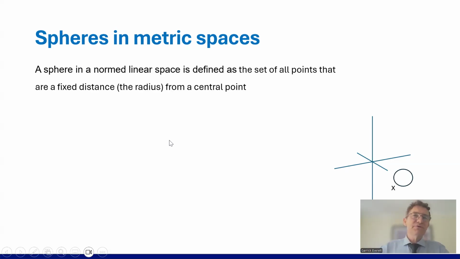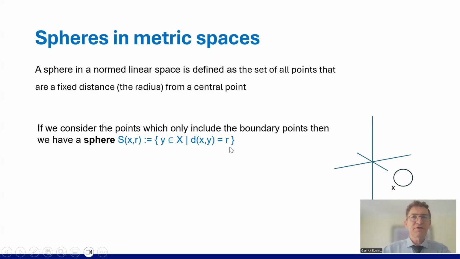A sphere is very similar to a ball. A sphere in a normal linear space is defined as the set of all points that are a fixed distance from a central point, which is the same as every other definition of a sphere. If we consider only the boundary points, then we have a sphere S(x, r), which is y an element of X with distance d(x, y) equals r, so exactly equal to r.